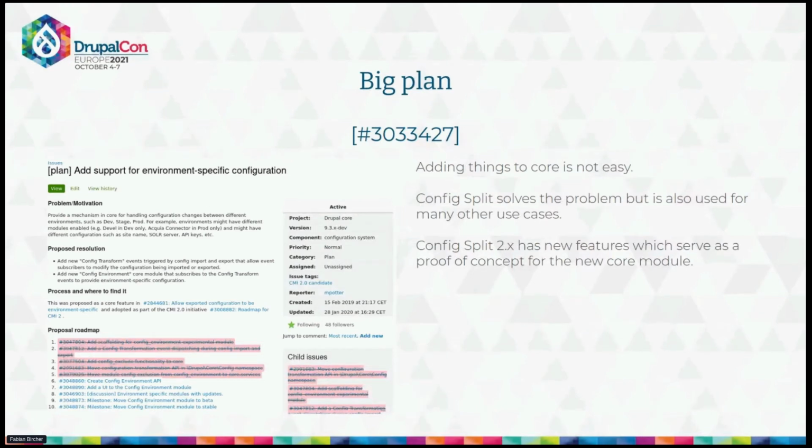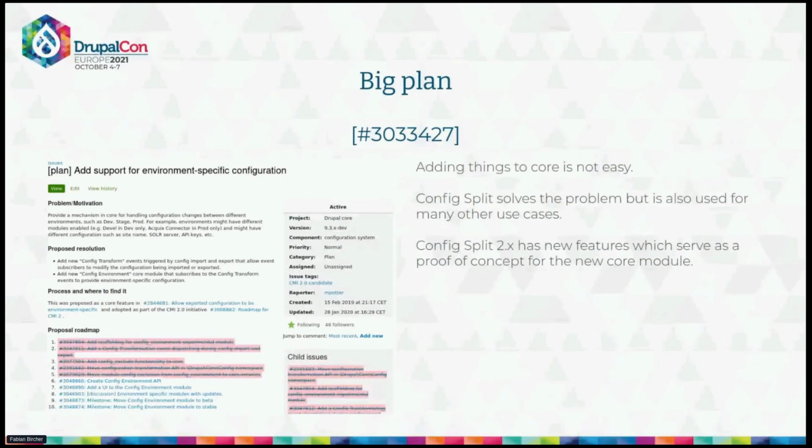I know people use config split for multi-site and other things, but this core environment module would just be for environment configuration. And with config split, it's like a sharp tool, but you can also hurt yourself with it more easily.